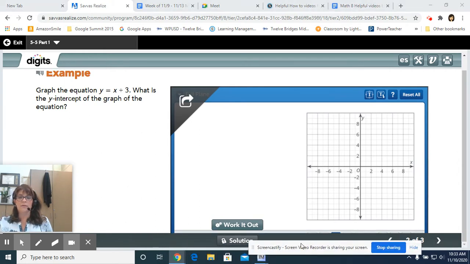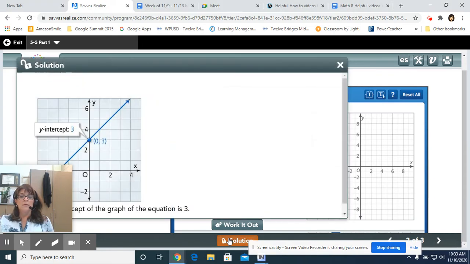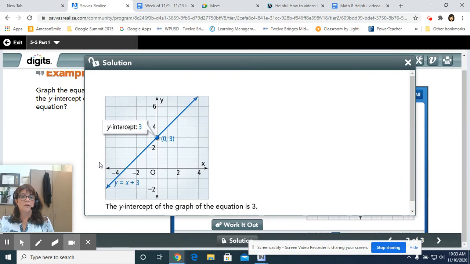And you will see we have a slope of 1. For every 1 it goes up, it goes over 1, up, over, and it crosses at 3. So that is the correct graph for that equation.